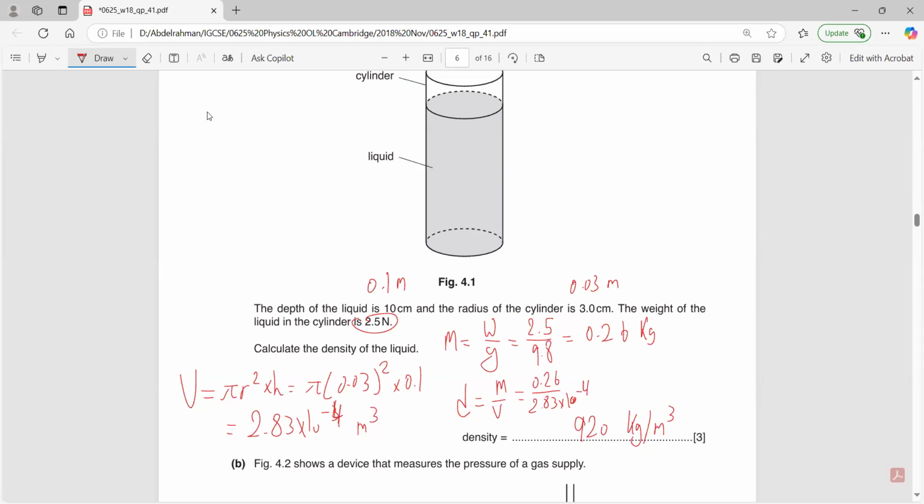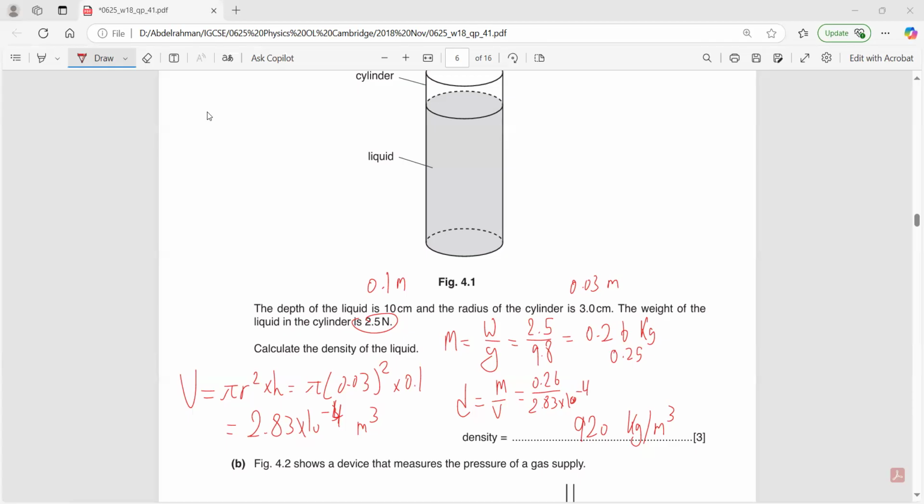If your mass was 0.25, then you would have had a slightly different answer. If your volume was 2.8 instead of 2.83, then you would have had a different answer as well. So these small differences could change your final answer. Your final answer could be around 880, 890, around 900.